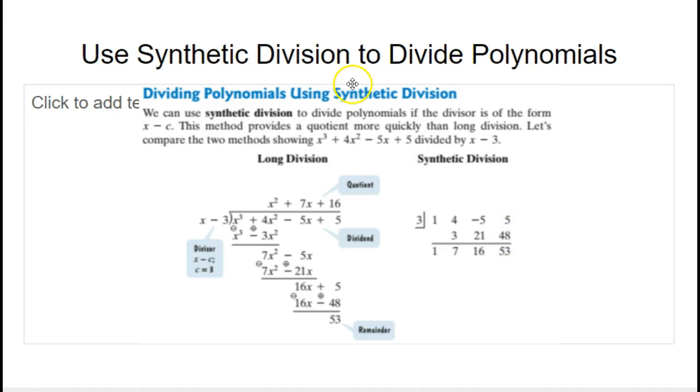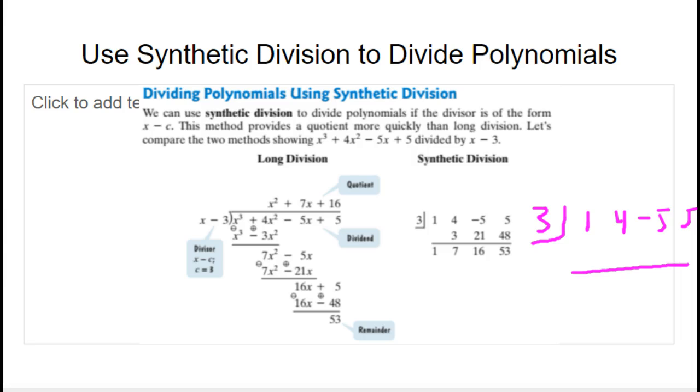That's not there yet. So let me put this in. I'll try to write it neatly. Your problem probably first looks like this: 1, 4, negative 5, and 5, with a line. You don't have any of those other numbers in there.